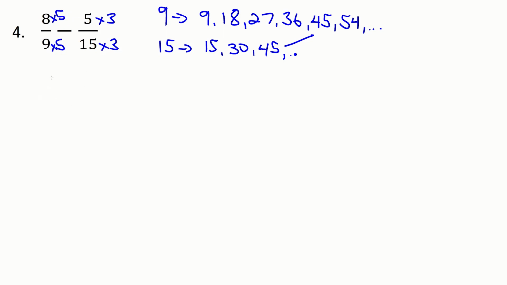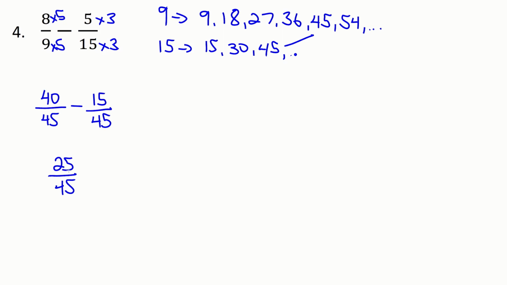So now working this out, 8 times 5 is 40, over 9 times 5 is 45, minus 5 times 3 is 15, over 15 times 3 is 45. Subtracting now, 40 minus 15 leaves us with 25 over 45.